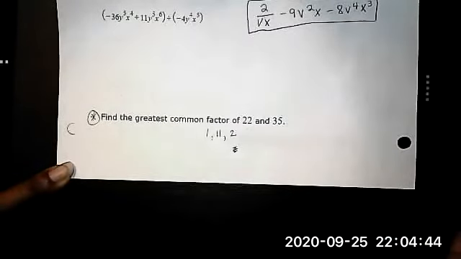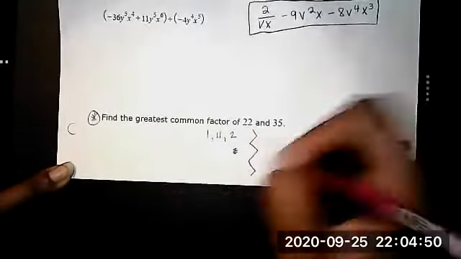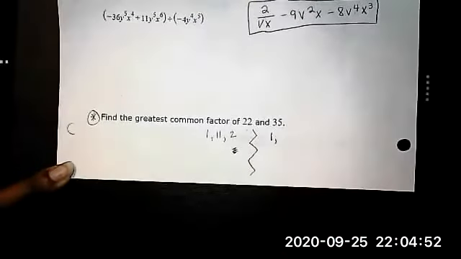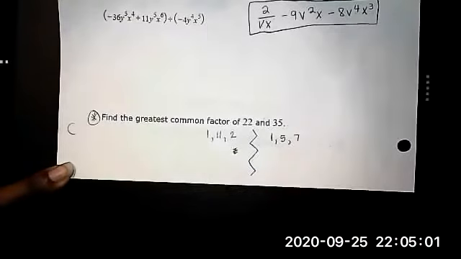And I want to say those are the only factors of 22. All right. Then we have 35. We know 1 is a factor of everything. How do you get 35? 5 times 7. Okay. Any other ways to get 35? I don't think so.